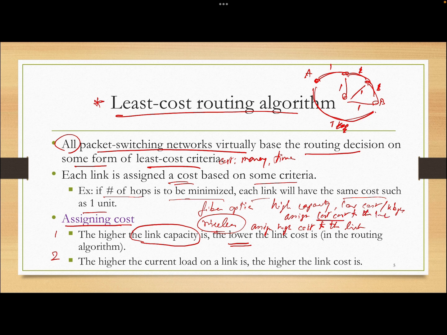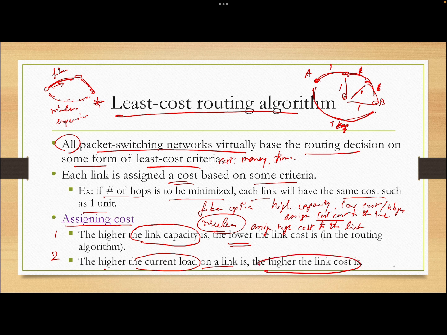If this one is fiber, it's cheap. This one is wireless, so it's expensive, higher cost, so that everyone will try to send packets to the cheaper one. Until it's congested, then maybe you send some to the wireless link, for example. And also, the higher the current load on the link, the higher the link cost.